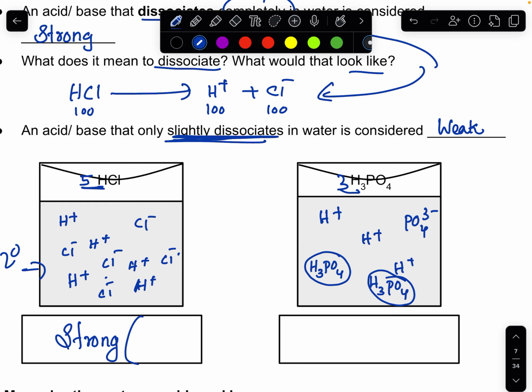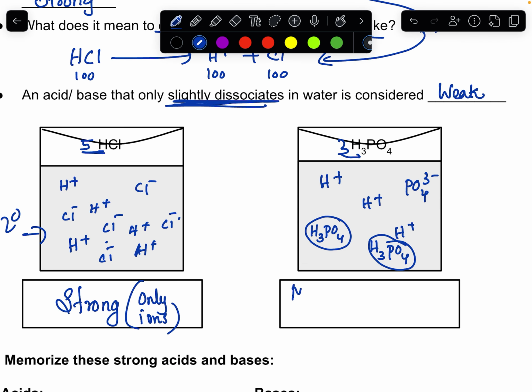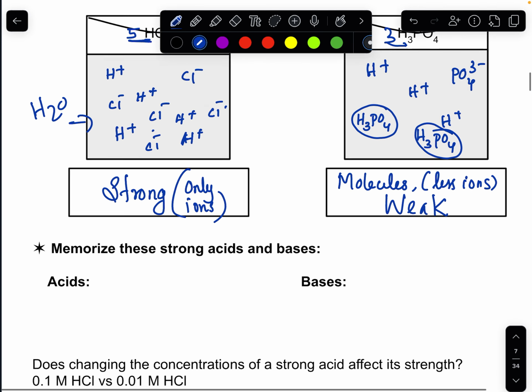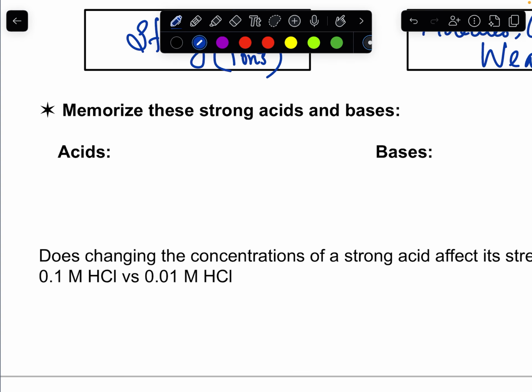So this contains only ions. This contains what and what? Basically more molecules, and there are fewer ions compared to strong. So this is called weak. That's how you visualize the ionization, and we have to memorize the strong acids and bases. Then just memorize strong acids and bases, and the rest of them will be considered weak.